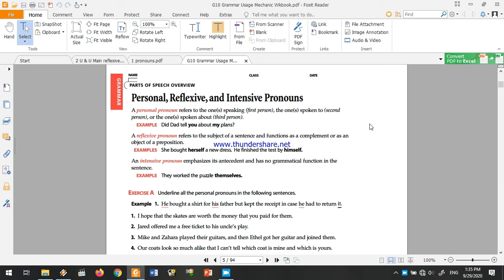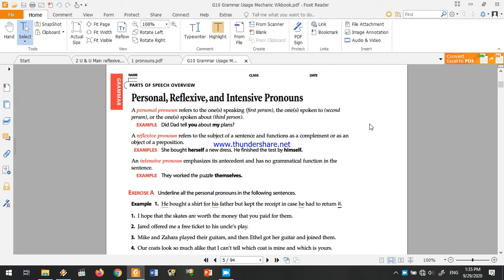I personally look at the mirror and see myself. When I look at the mirror, I see myself. Myself here is a reflexive pronoun. It refers back to the same speaker, to the same subject. Okay, so when the object and the subject are the same person, we use a reflexive pronoun.